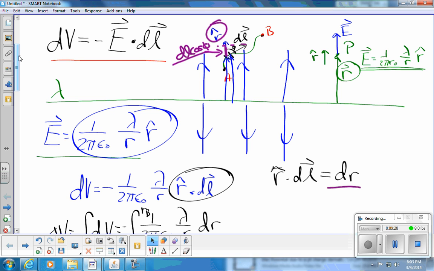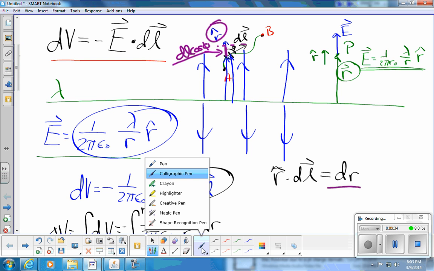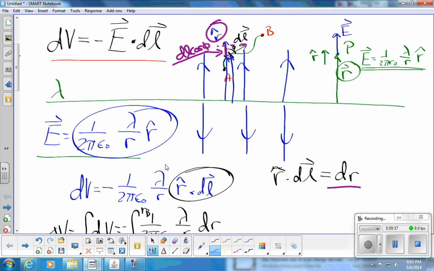Well, if I am moving a positive test charge, which is right here, from A along this path to B, I'm moving it in the direction of the electric field, which means that the electric field is going to be doing positive work on it. It's going downstream, if you will, in the electric field. So this thing's going to be losing potential energy. It's going downhill. The electric field is doing positive work on it. So that means I'm moving from A to B to a point of lower potential. VB is a lower potential than VA.